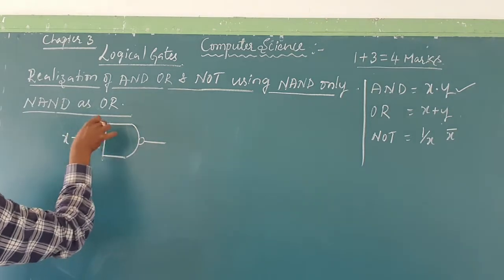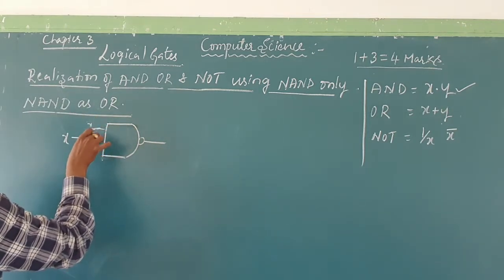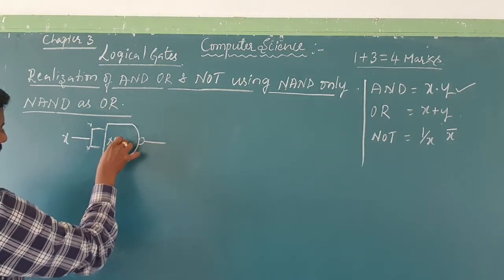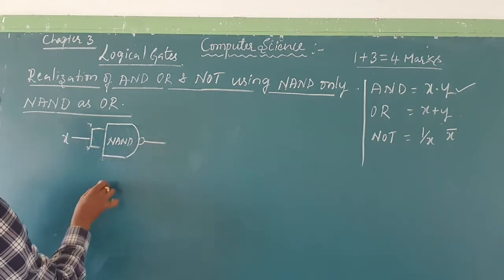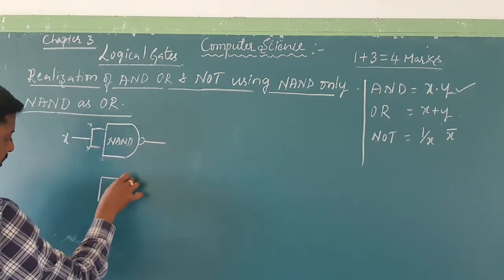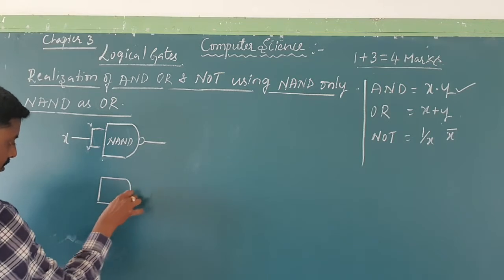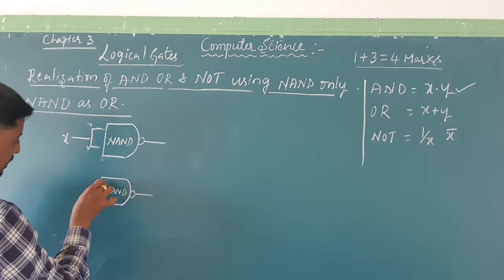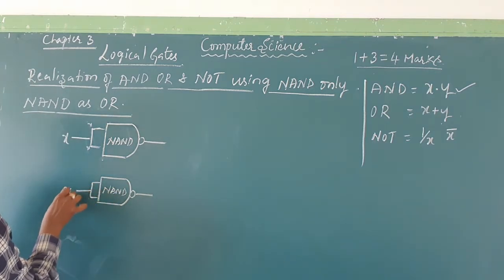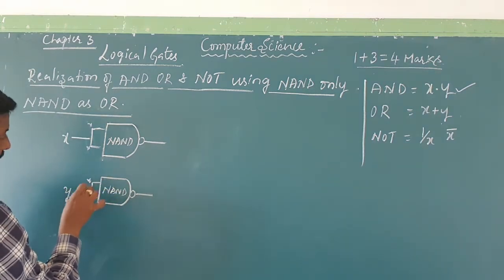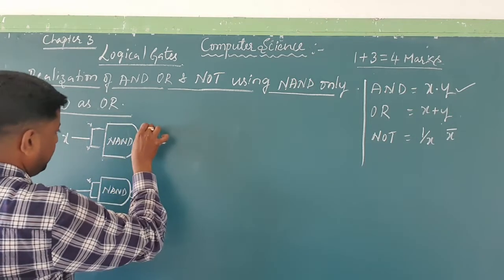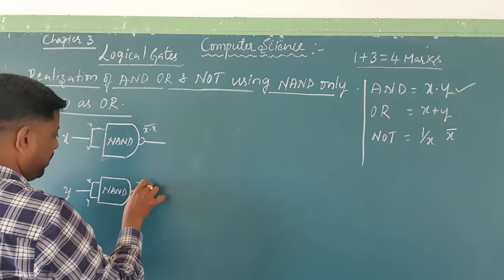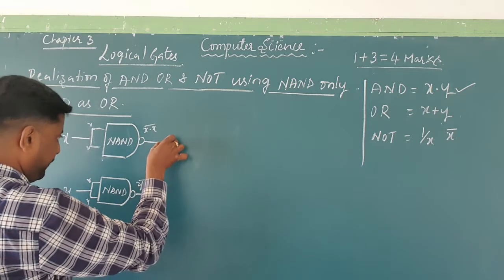That means x and x are given to the NAND gate, that is x into x whole bar. Considering one more NAND gate, that is y, that means y and y. The result of this gate, I will write here: x whole bar, y into y whole bar.